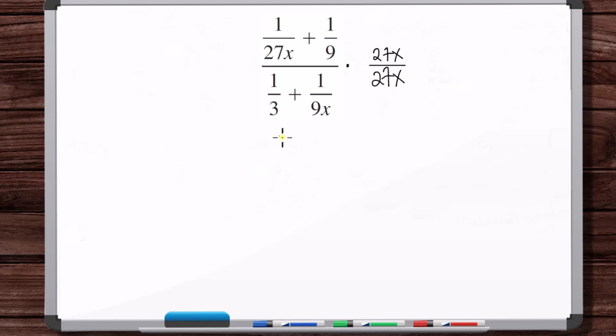So what we get is 1 plus, and then 9 times 3 is 27, so 3x, and in the denominator, we get 9x plus 3, which we'll write as 3 plus 9x.